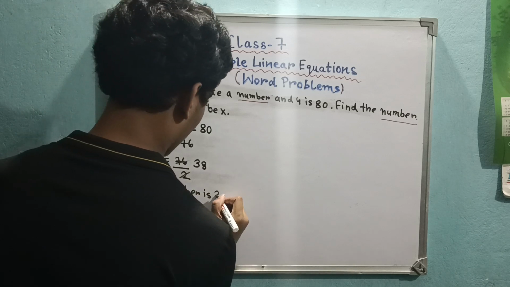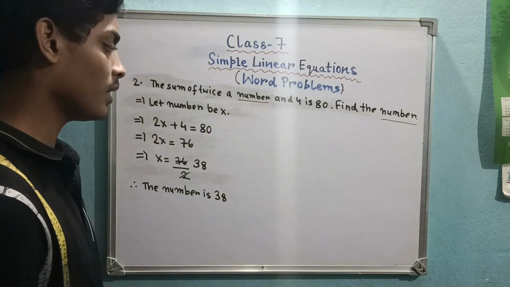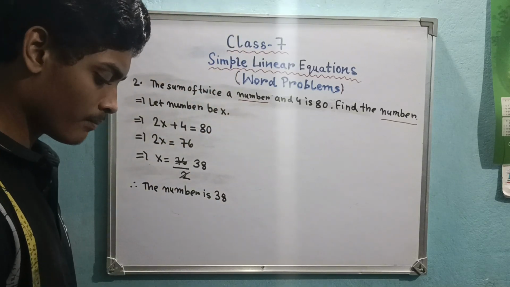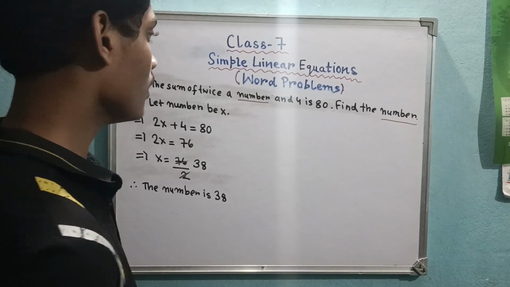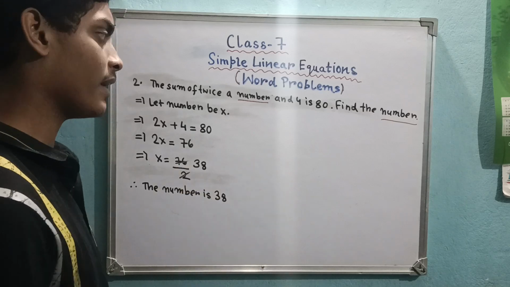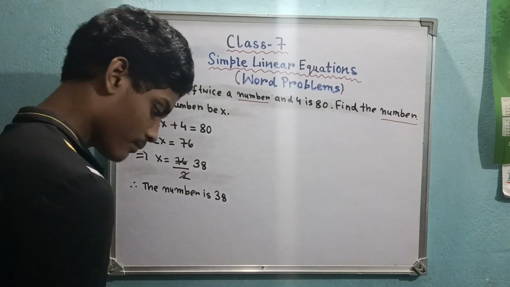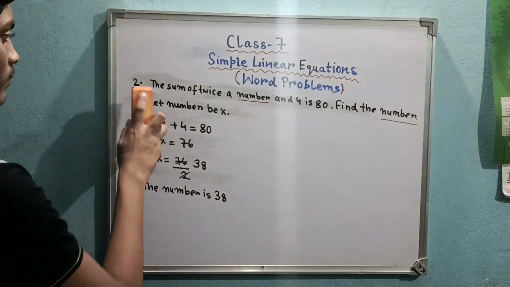Now see guys, in every case we will not be asked to find a number. It can be anything, it can be money, it can be a fraction, it can be a quantity of something. Just take what is told to you to find as x. So let's see number 3.